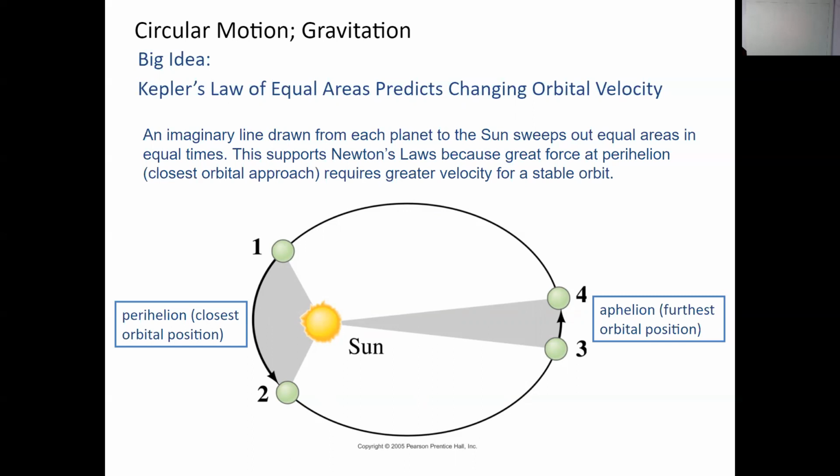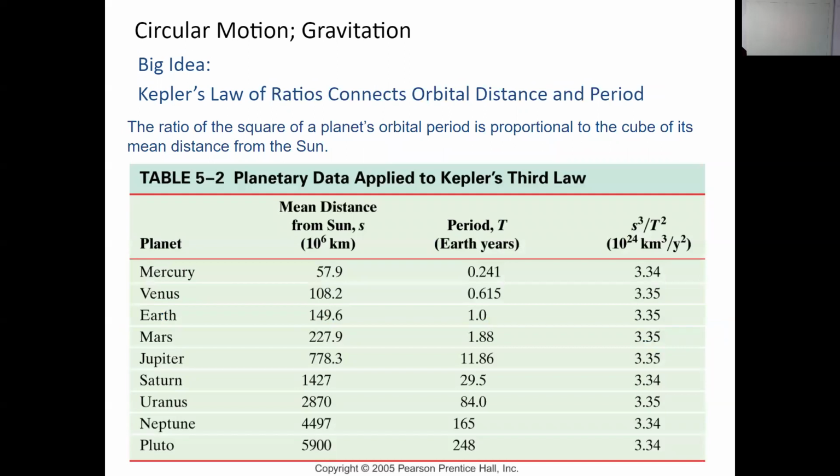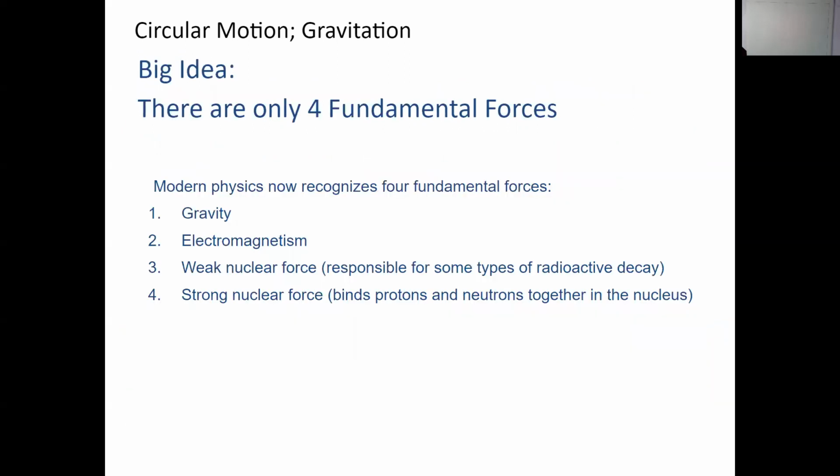Then at positions 3 and 4, because it's a lot further away, that would take more time to get there. So we expect the speed of the satellites to be minimal when it's further away. And then it's time for Kepler's rule of ratios, but we'll come back to that.